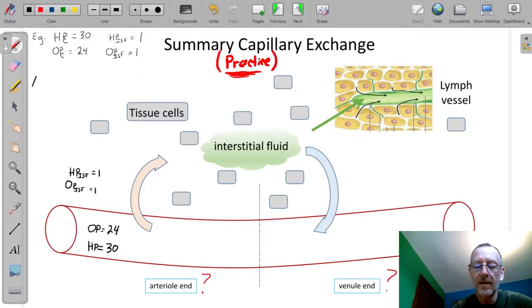So you know our formula, net filtration pressure, and here we're at the arterial end, equals our forces out, the sum of those forces out, minus the sum of the forces in.